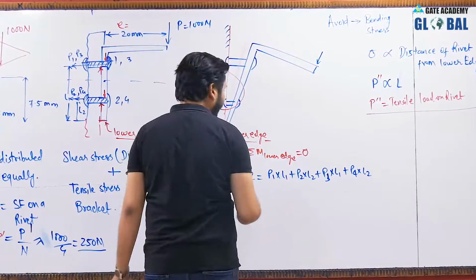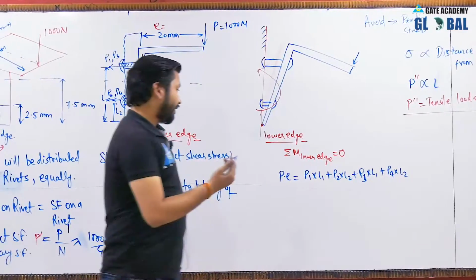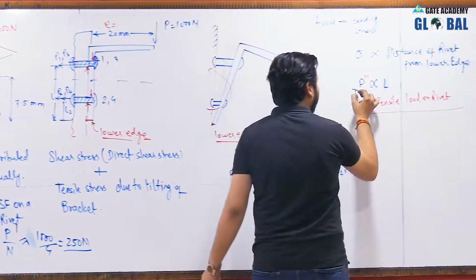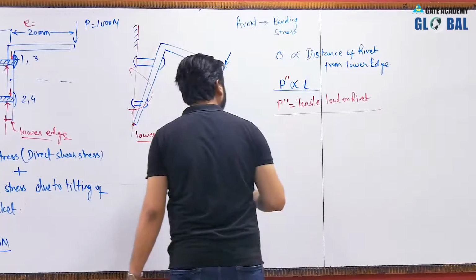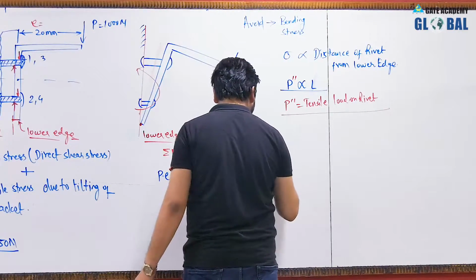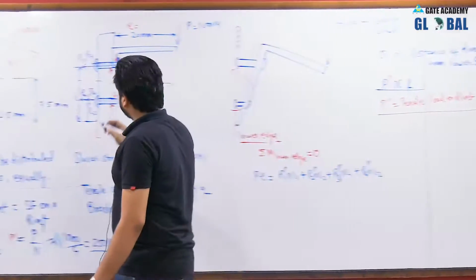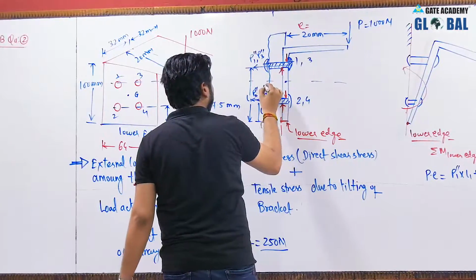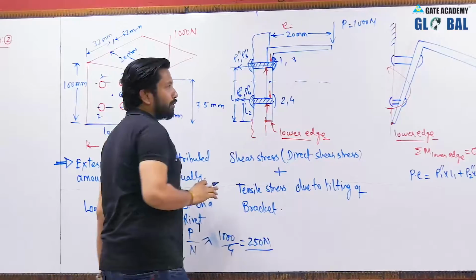This will be the equation. Now let the loads set up due to the tilting be P1 double dash, P2 double dash, P3 double dash, P4 double dash.